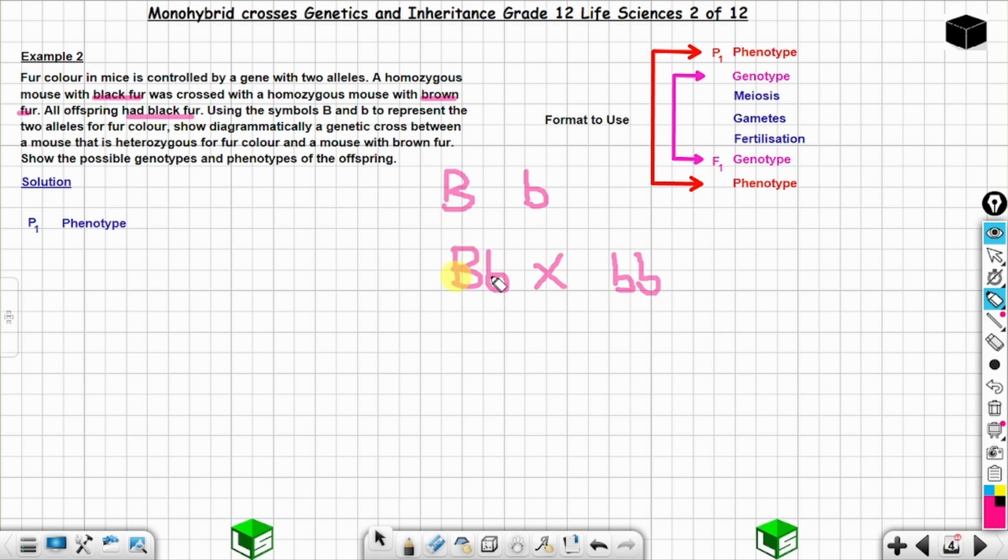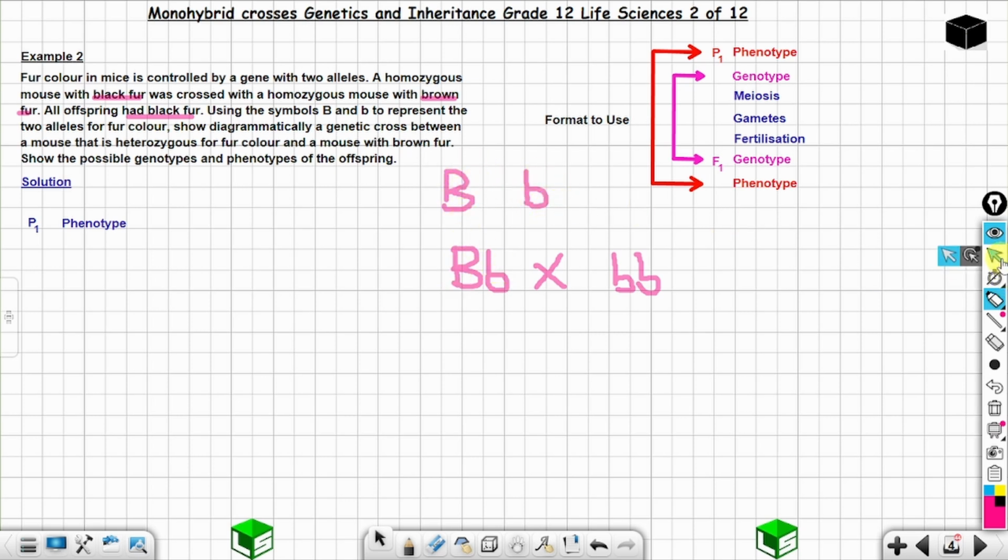The capital letter B is not present in this, because if you have a capital letter B present, the physical appearance will be black fur. So for you to have brown fur, which is recessive, you must have two recessive alleles. Because this is recessive, this is dominant. The dominant allele blocks the recessive allele.